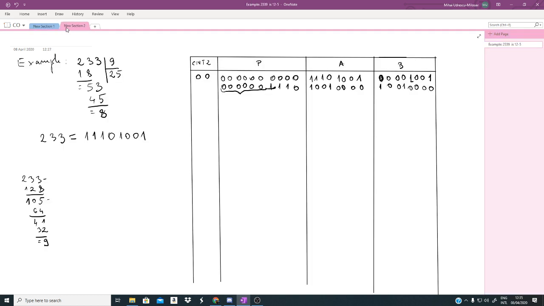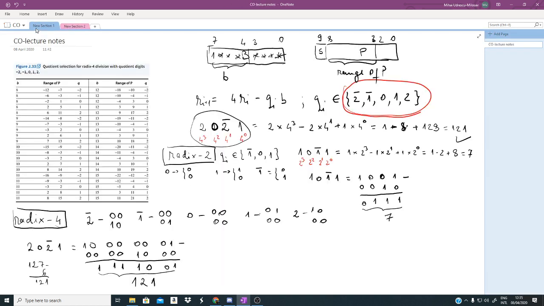Now, here, who is our B? We're looking at the 4 more significant bits from register B, and therefore B is 9, right? It's 1001, that's 9. So we are looking here in this table, right?